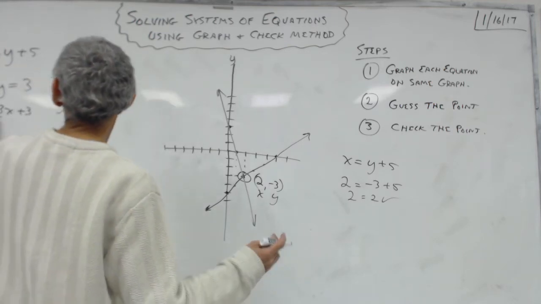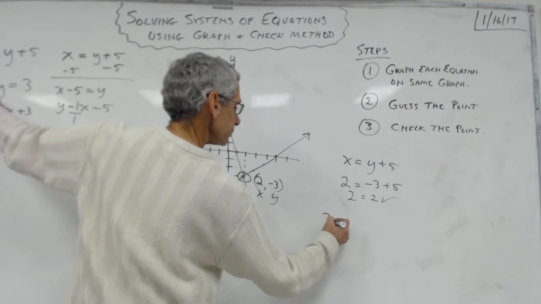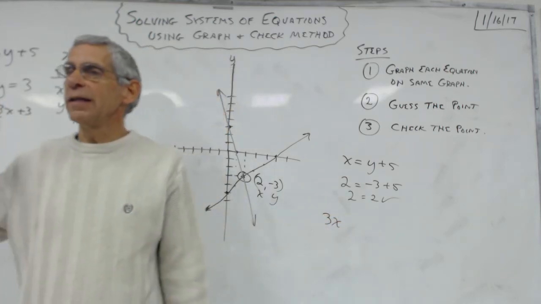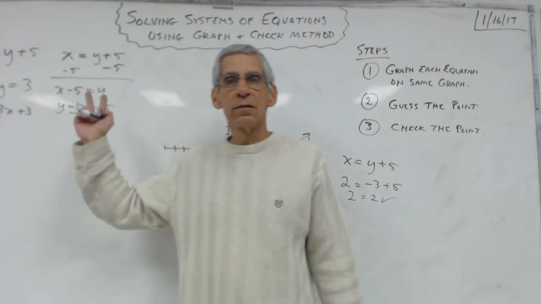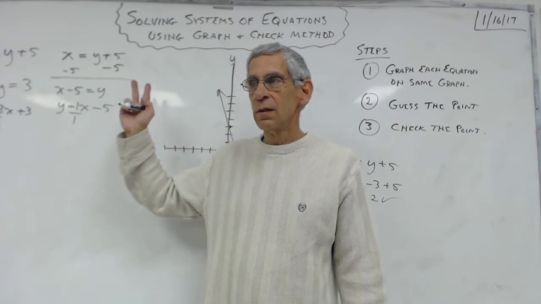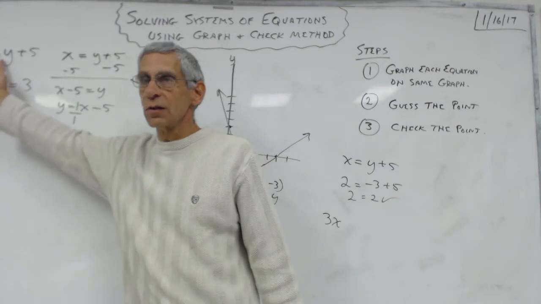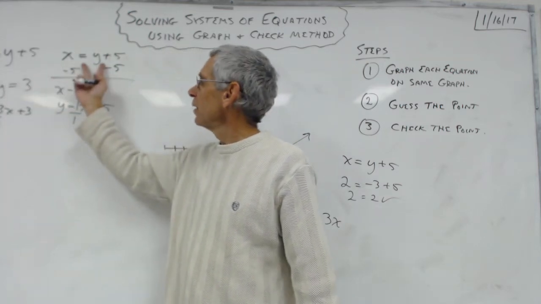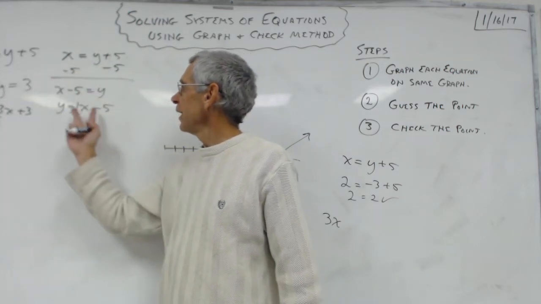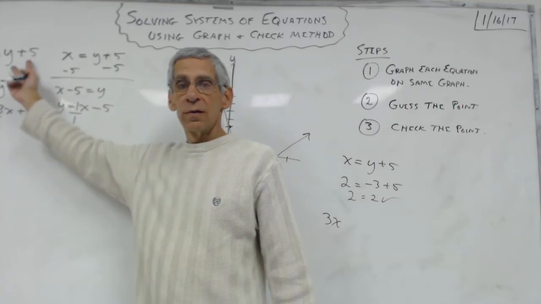Now I got to do the other one. Can somebody explain to me why I'm going back to the 2 original equations and not the things that I have changed them to? Because you don't mess with the universe.